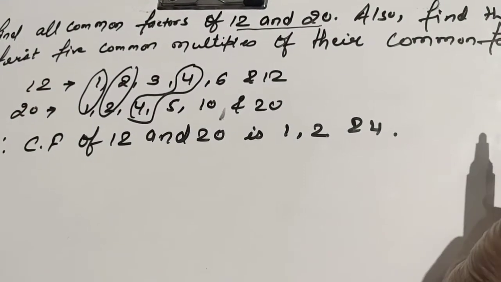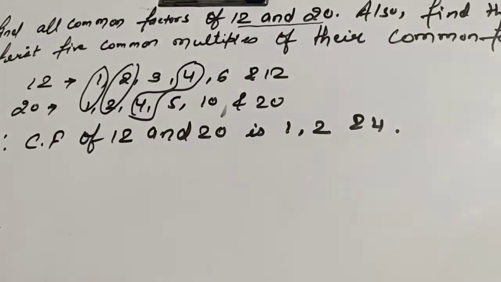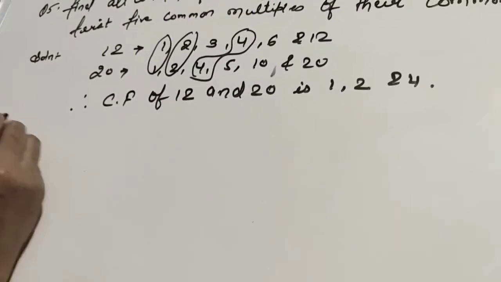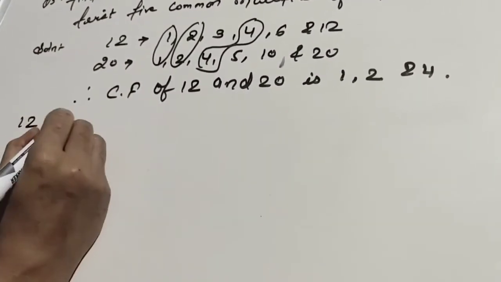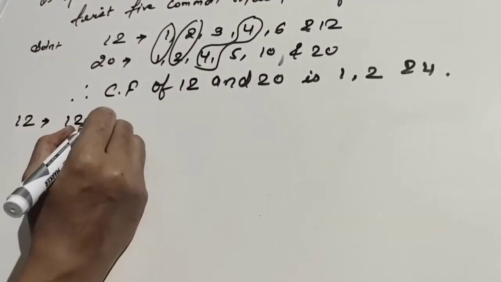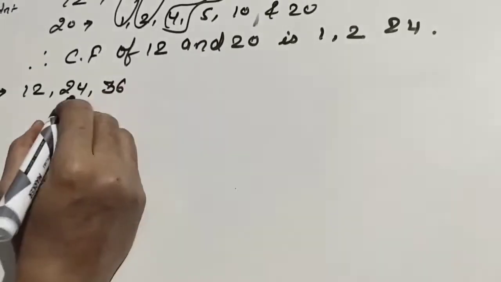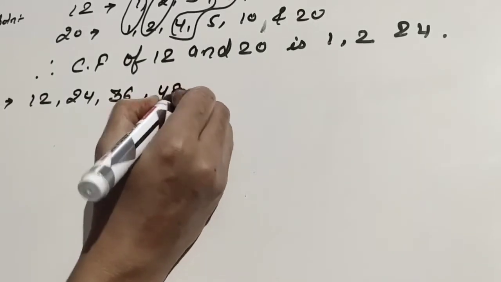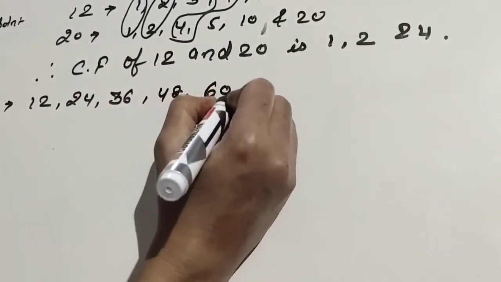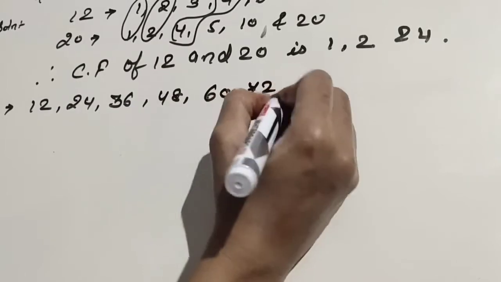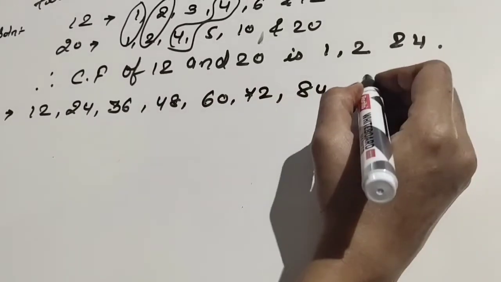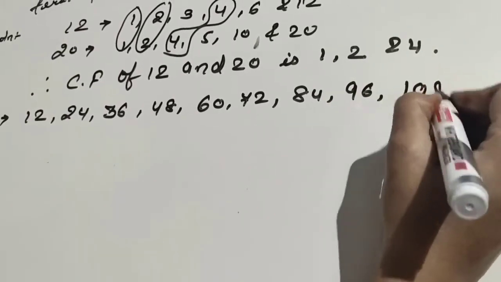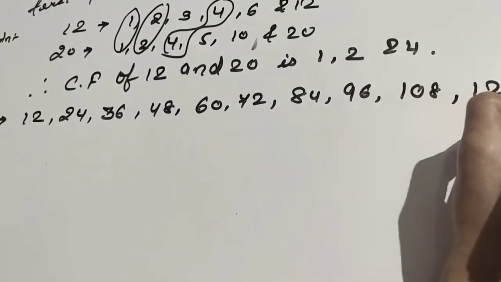Now next question: also find the first 5 common multiples of their common factors. Same method, we will use the tables of 12 and 20, and in those tables we will find 5 common multiples. So simply write the 12 table: 12 1 is 12, 12 2 is 24, 12 3 is 36, 48, 60, 72, 84, 96, 108, 120, up to here, right?